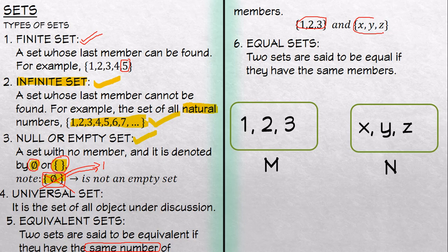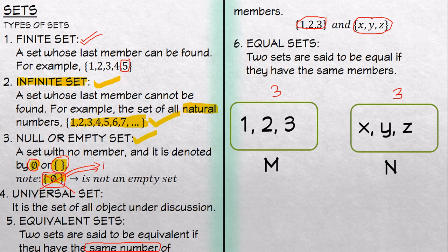This is the set 1, 2, 3. This is the set X, Y, Z. The cardinality of this set is 3. The cardinality of this set is also 3. Therefore, since they have the same cardinalities, these two sets are equivalent.